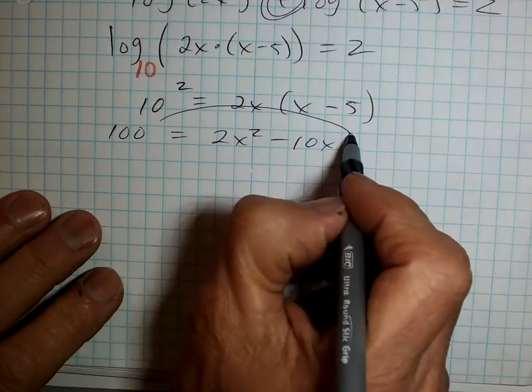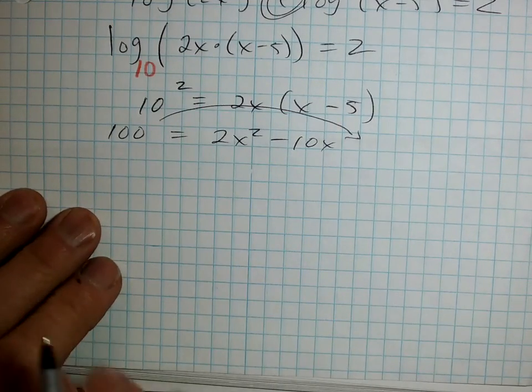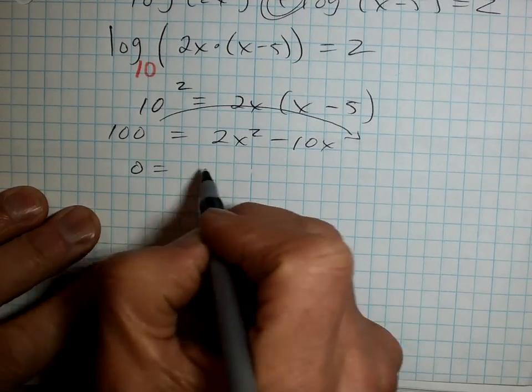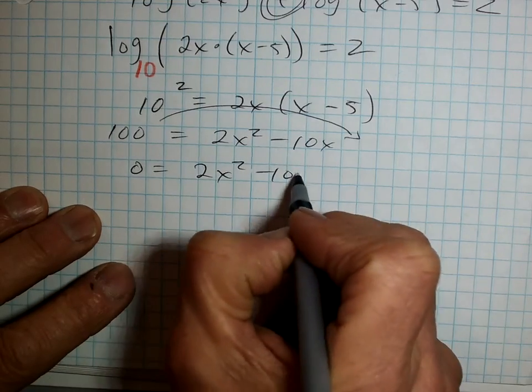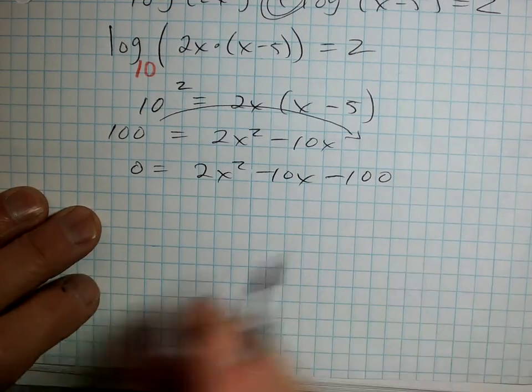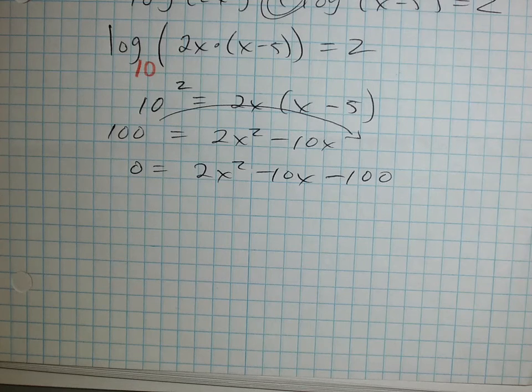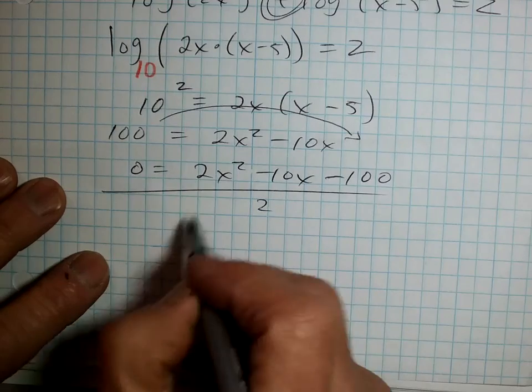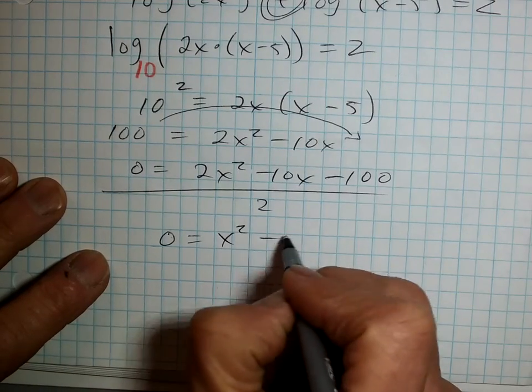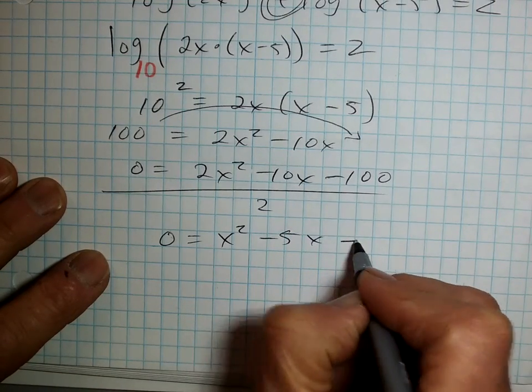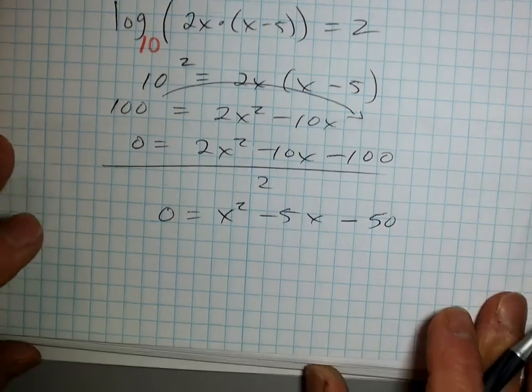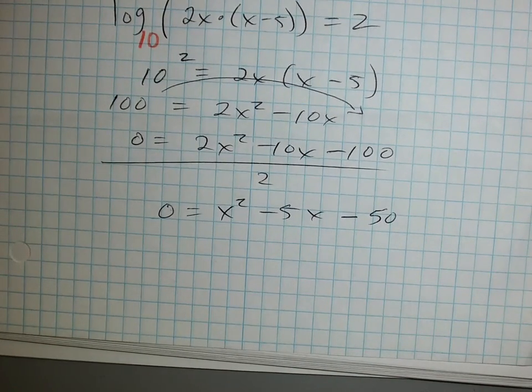Bring over my 100. 0 equals 2x squared minus 10x minus 100, okay? I've got to factor, but before I factor, let's make it easier. Can I divide everything by 2, right? Yeah. 0 equals x squared minus 5x minus 50, okay? 5 and 10?